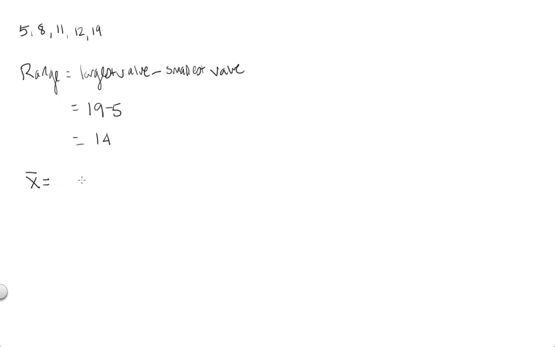And x bar, the mean, is given by adding all the observations together and dividing by the number of observations. We're putting all the numbers together and then we're redistributing so we get an equal size number. We get equal size piles, if you will. That's why we divide by the number of observations.